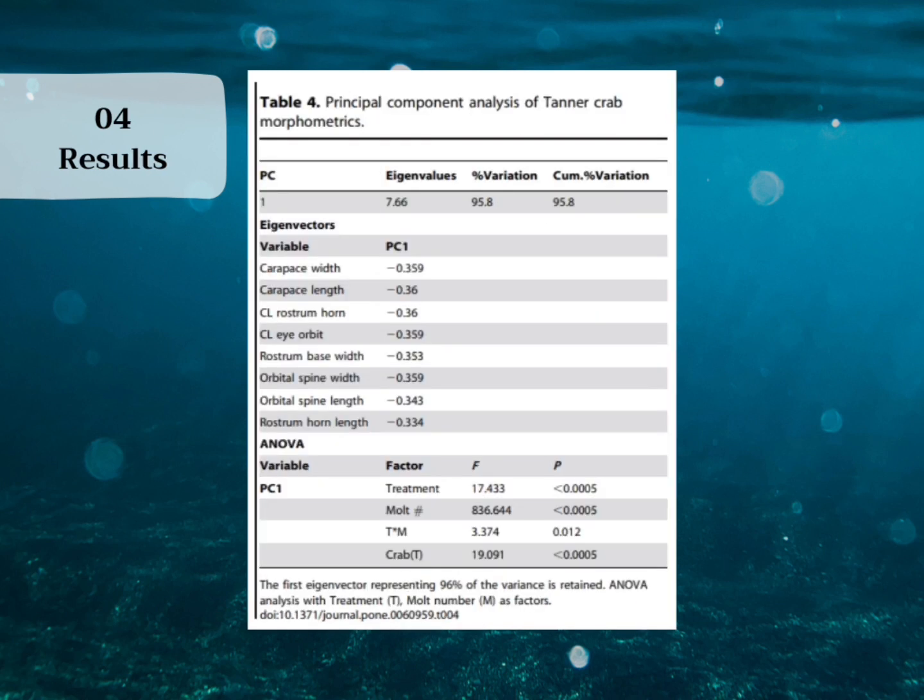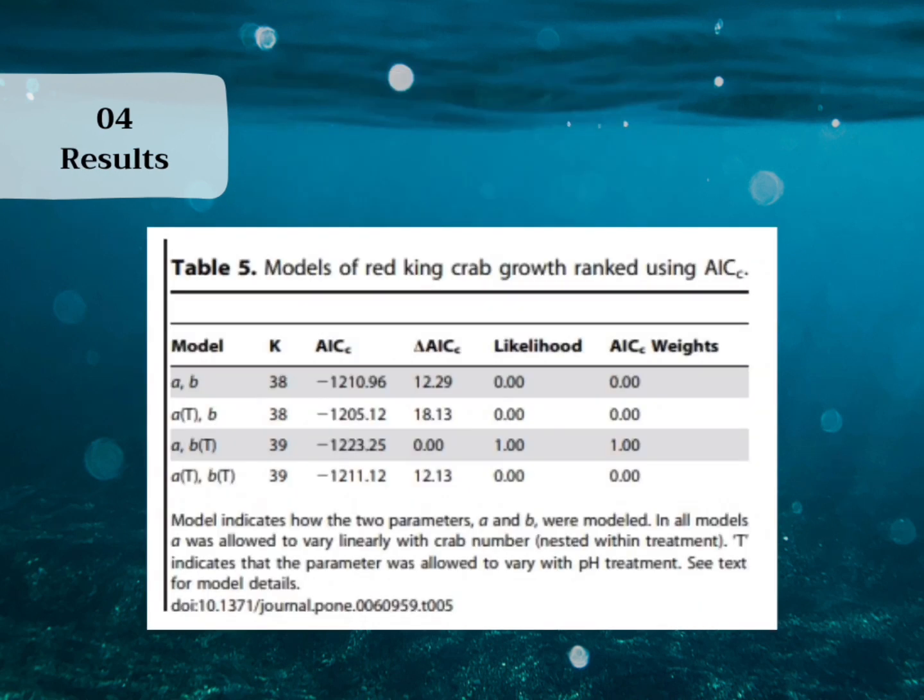Table 4. Principal components analysis of tanner crab morphometrics. When eigenvectors and ANOVA were reached, they show significant morphological difference. Table 5. Model of red king crab growth length using AICc. The model indicates how the two parameters A and B were modulated in all models and were allowed to vary slightly with crab number.